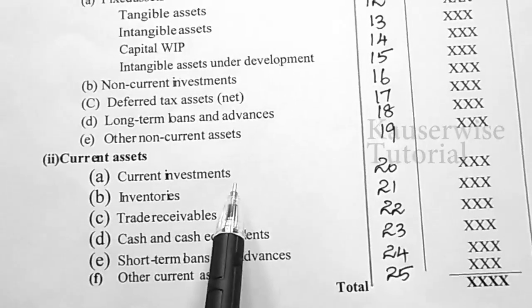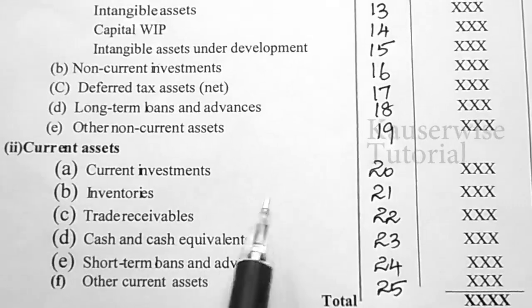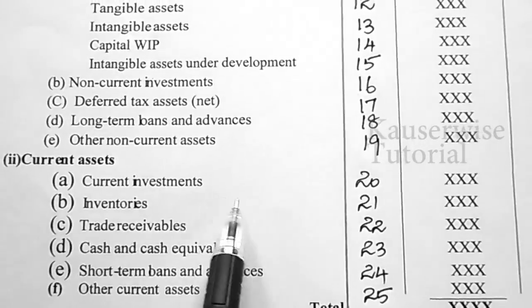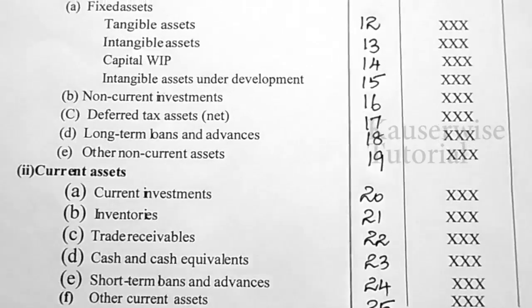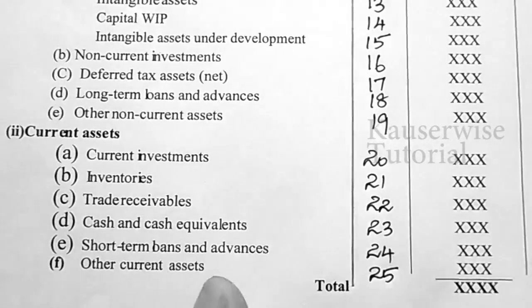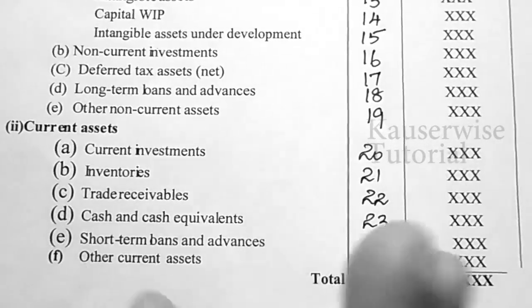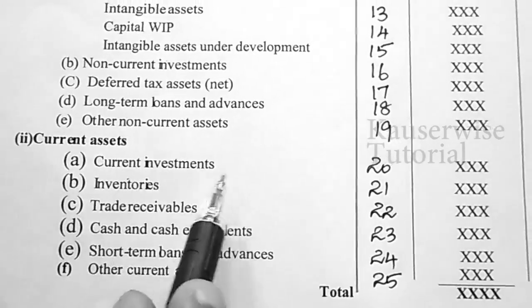Current investment means those investments which are held to be converted into cash within a short period. For example, investment in preference shares, investment in equity instruments, investment in government or trust securities, investment in debentures or bonds within a short period is called current investment.